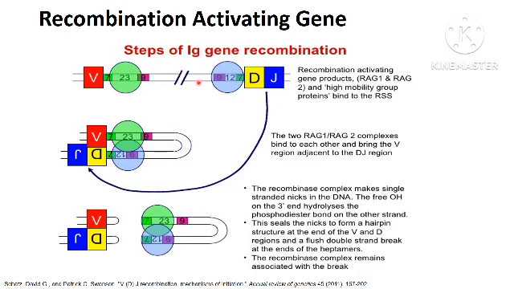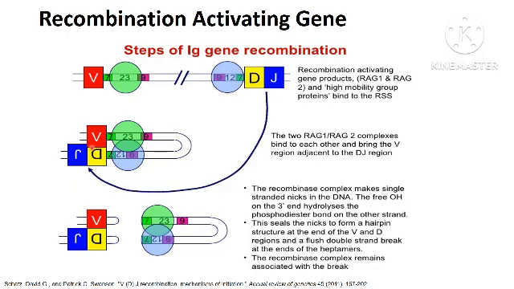They recognize these 12 and 23 because only 23 and 12 can pair. So they go there and they introduce double-stranded breaks in the DNA. So RAG1 is binding here, RAG2 is binding here. So RAG1 and RAG2 now have to come closer so that this V segment can come closer to the DJ segment.